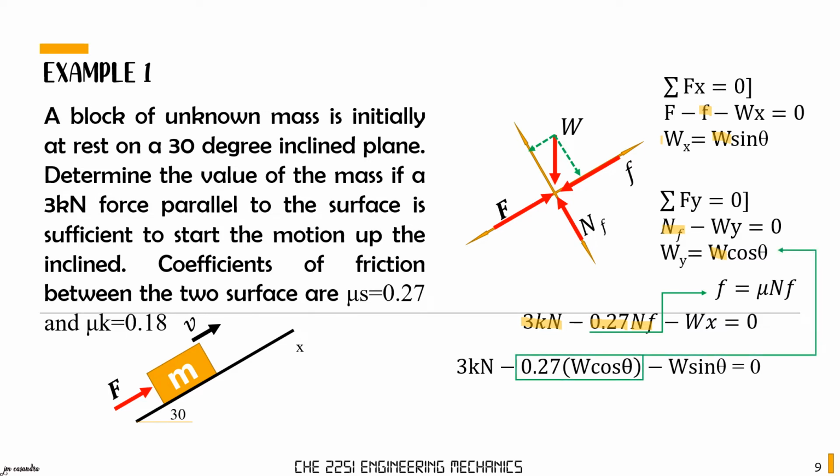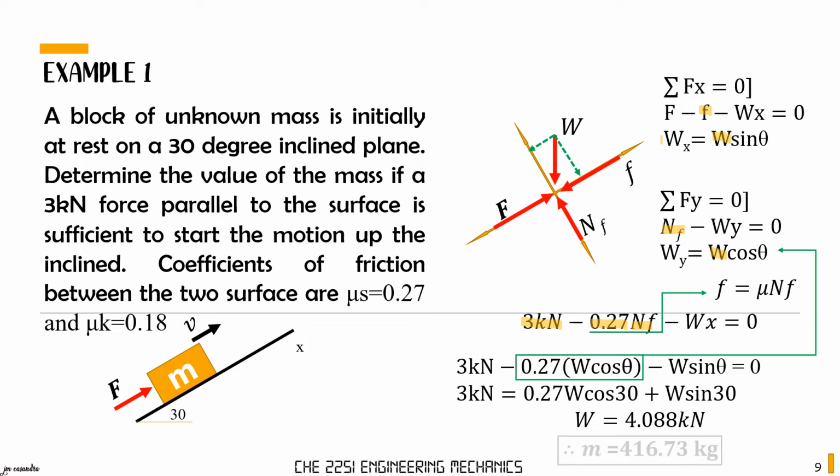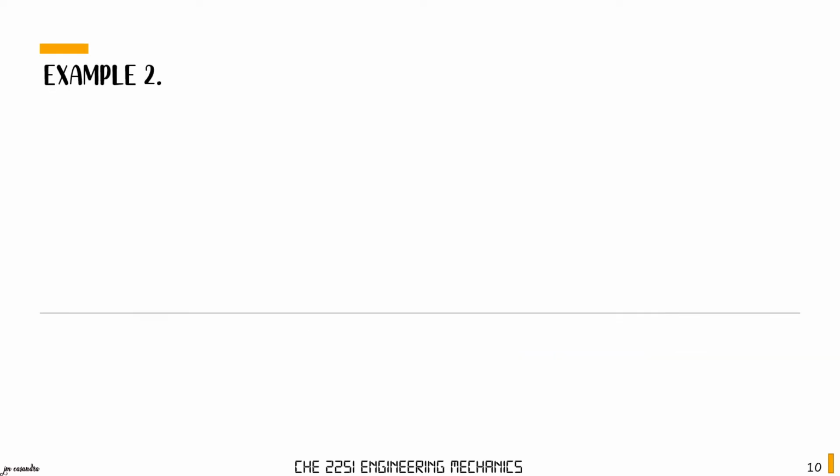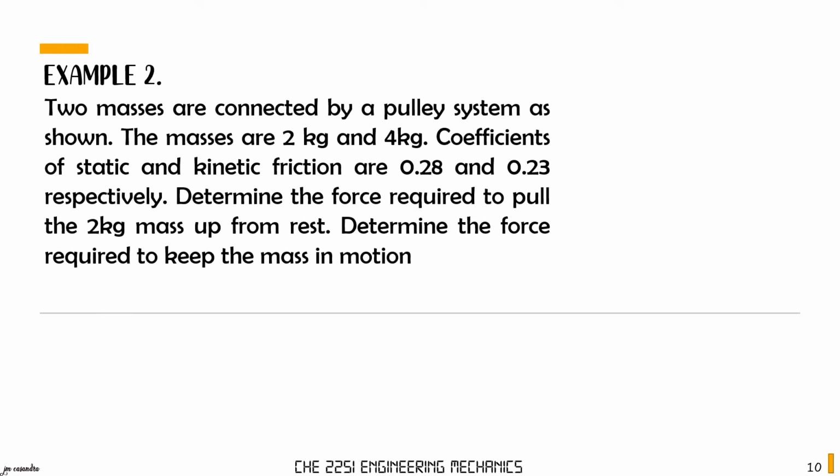So W now is equal to 4.088 kilonewtons, and the weight now, or the mass, will be equivalent to weight divided by 9.81, or that is 416.73 kilograms.